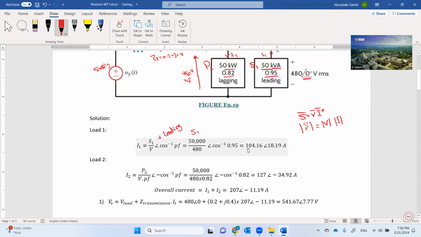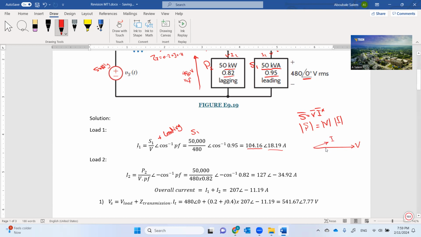You will get this value of current: the absolute value and the angle. As you can see, the angle is 18.19 and the volt is at angle 0. If we draw the phasor diagram, this is V at angle 0, and I is leading V by 18 degrees.